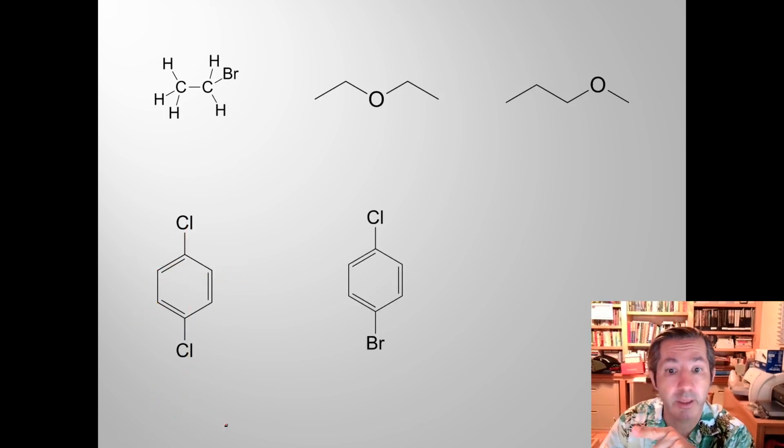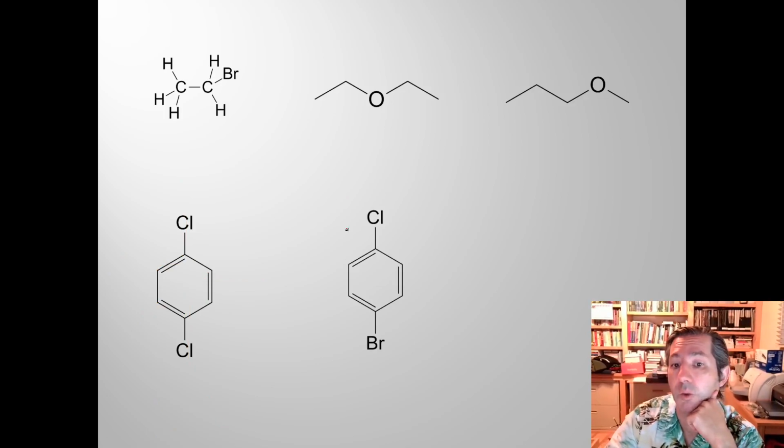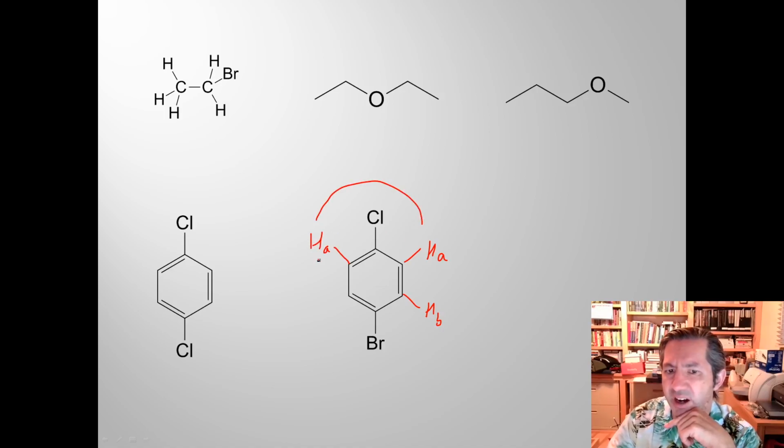Let's get rid of some symmetry. Now I'm going to have a chlorine and a bromine. Now this hydrogen is no longer the same as this one. So we'll call this A, we'll call this B. This hydrogen and this one, these guys are in the same environment. These guys are in the same environment.